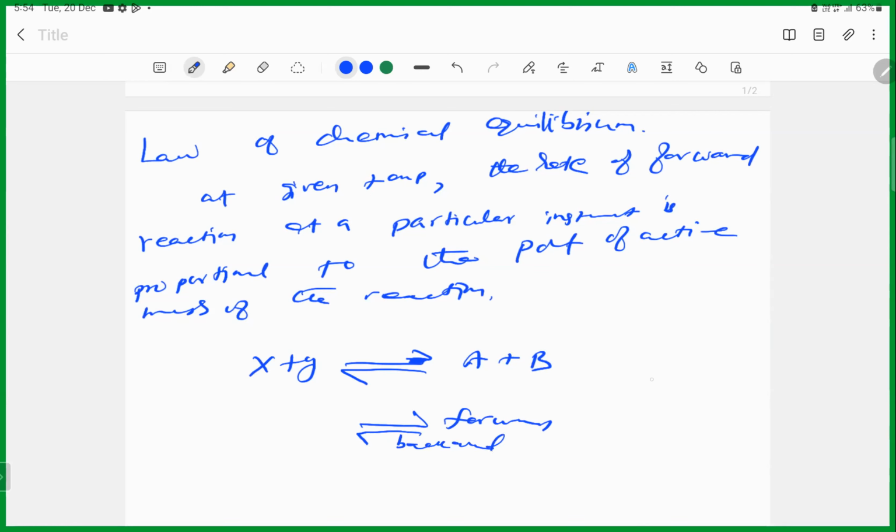When the reaction occurs in one direction and repeats in the reverse, then it will be equilibrium. If the arrow is drawn like this, this direction is more favorable, so the forward reaction is more favorable than the backward reaction. If the equilibrium symbol is the other way, the backward reaction is more favorable than the forward reaction.